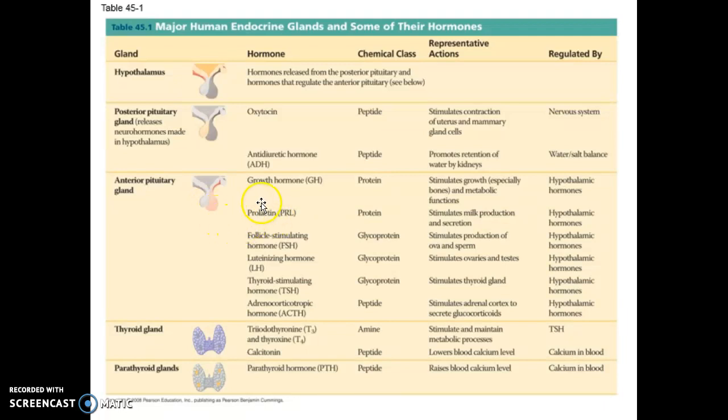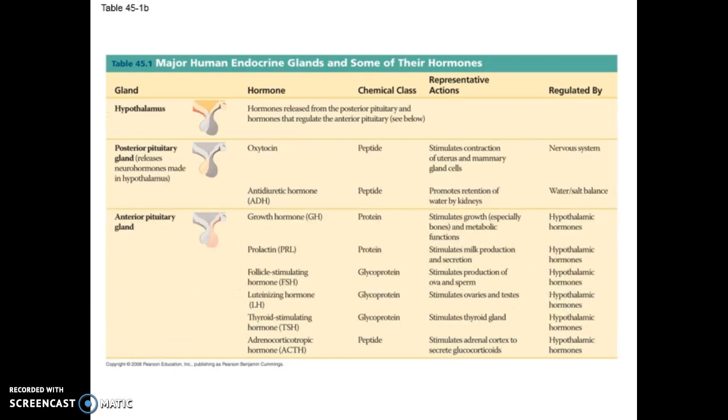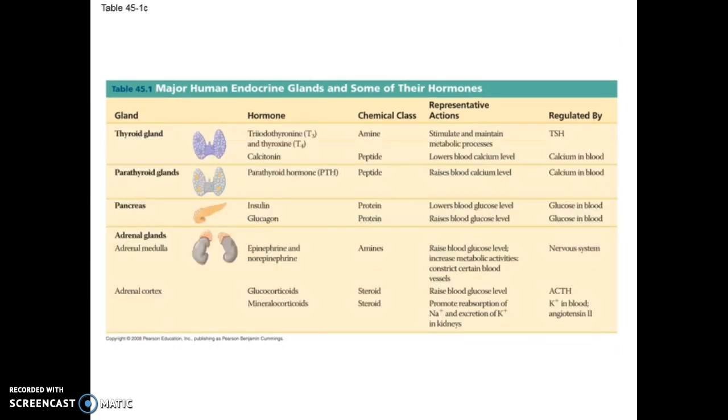Prolactin we've also mentioned. Oxytocin we'll mention here in a few. So just make sure that you are familiar with this table. Again, I don't expect you to recognize or explain everything in detail, but it should be somewhat familiar to you before we move into the exam.